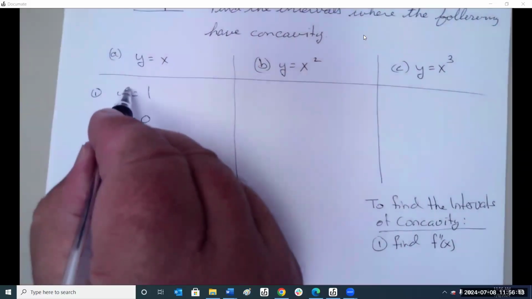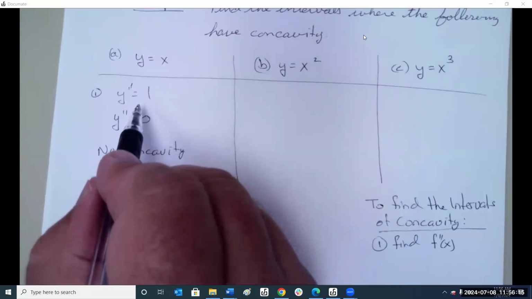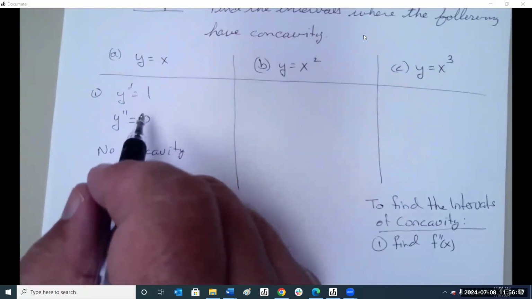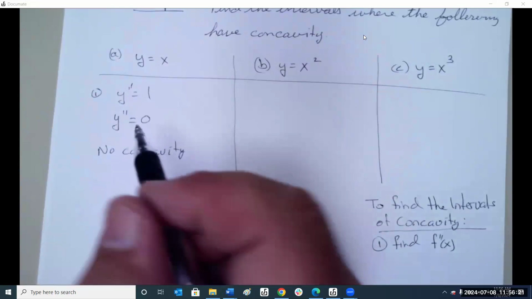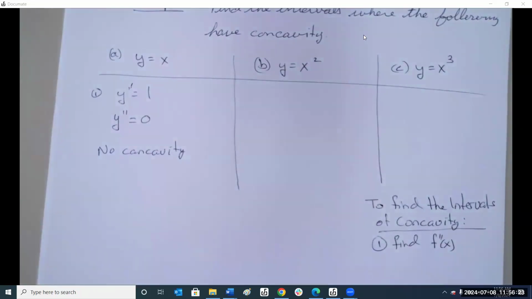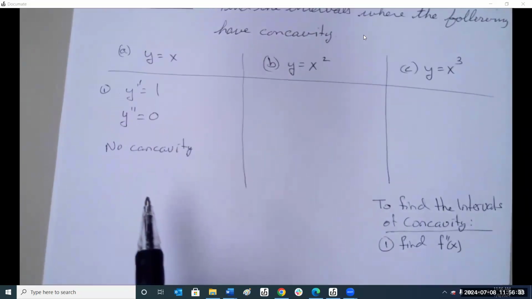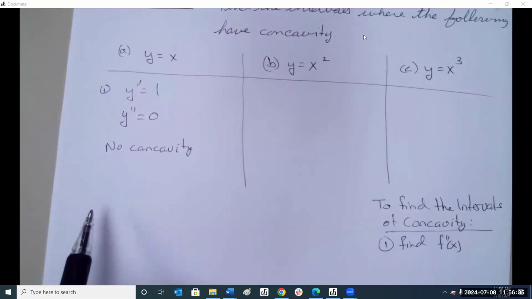Because the first derivative is a constant. If the slope is a constant, what does it look like? What kind of line? Horizontal. There's no change in altitude. So because it's horizontal, there is no concavity, no bends.